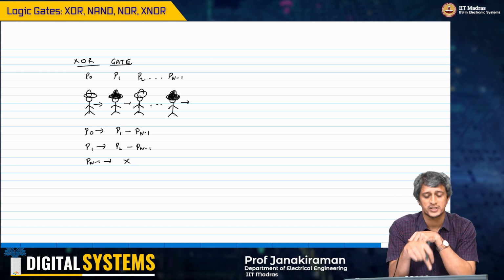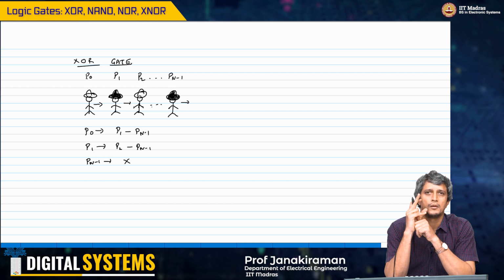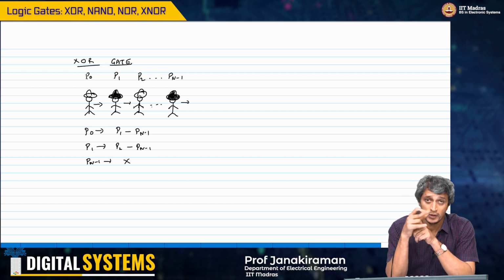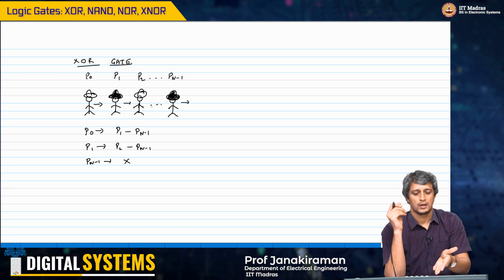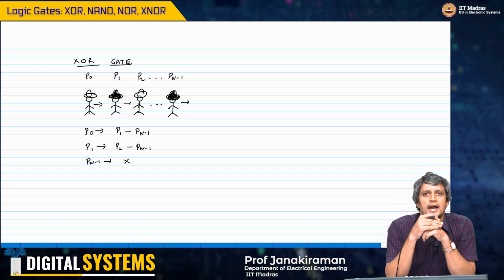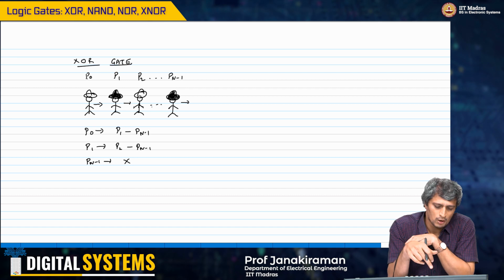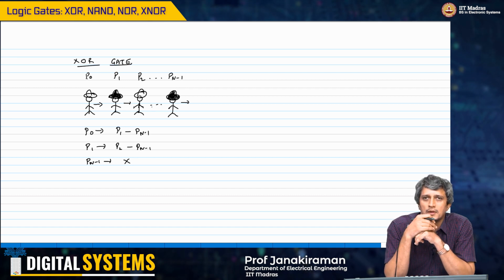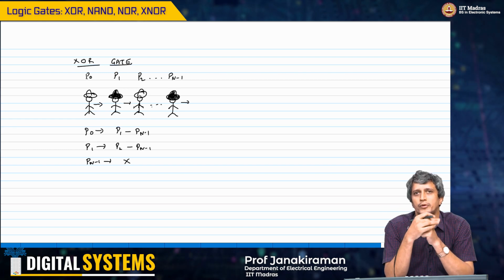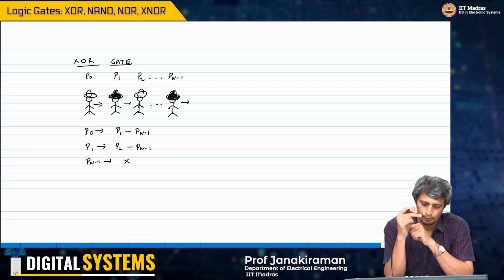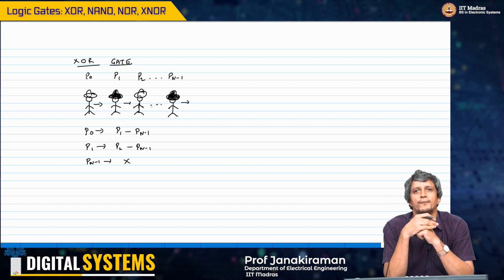So P0 will say, okay, black. Even though P0 does not know the color of his or her hat, P0 will get shot because it's a white hat. Now P1 has to guess the color of his or her hat. So P1 now knows that it's a black hat because P0 shouted black. So P1 can shout black and get away.